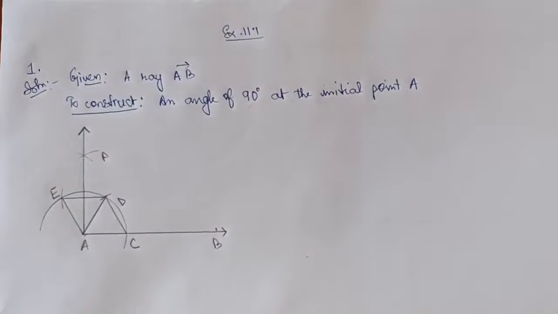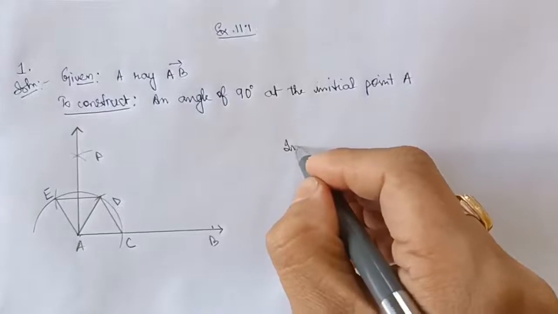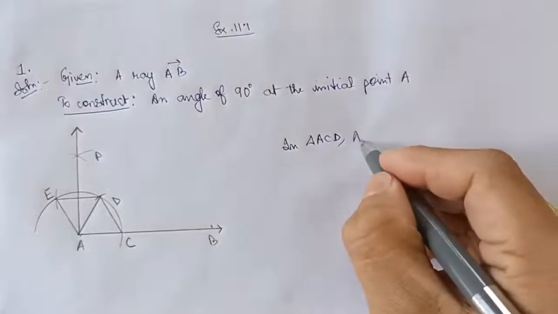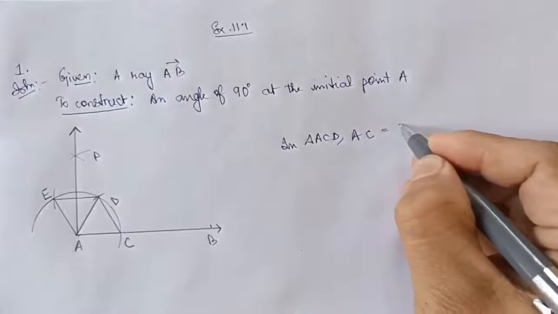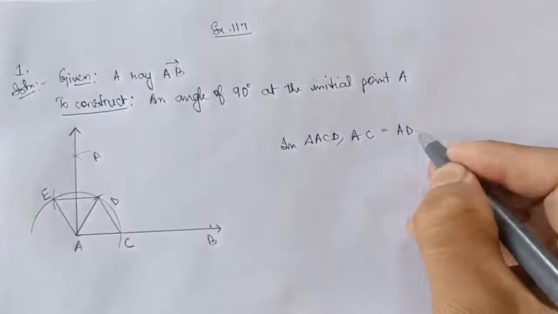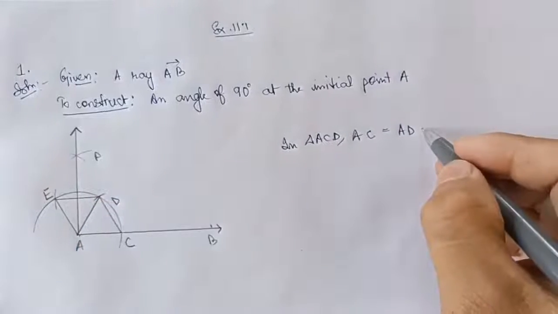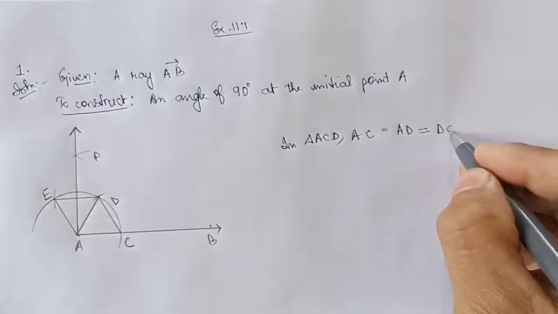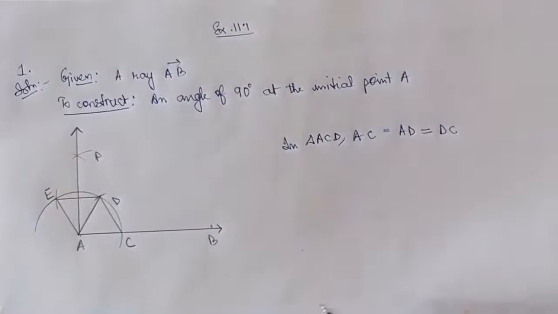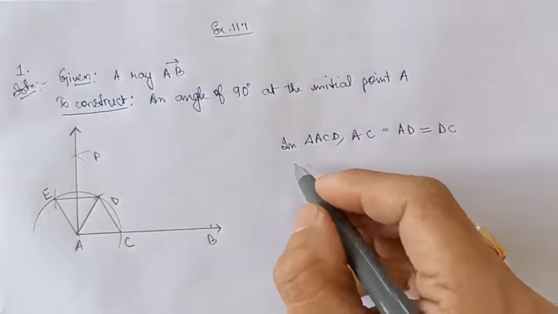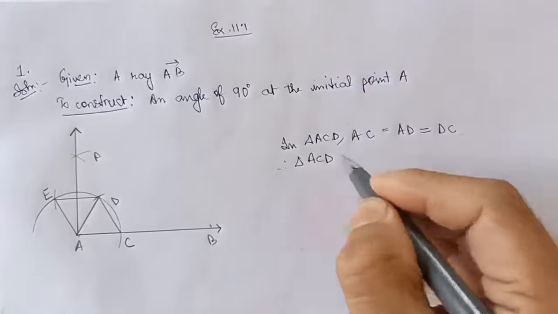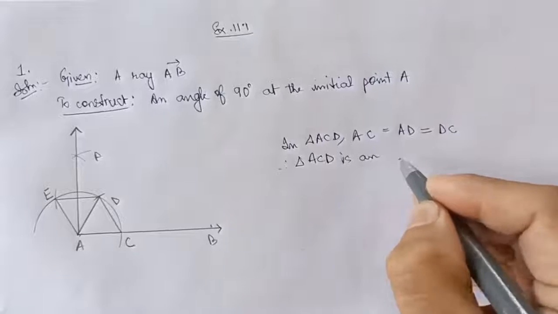Now as you can see in triangle ACD, side AC will be equal to side AD. Why? Because they are the radii of the same circle, and this will also be equal to the side DC, because by construction. Therefore the given triangle ACD is an equilateral triangle.